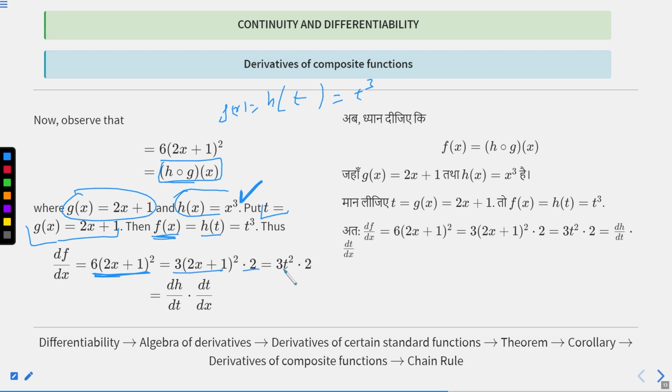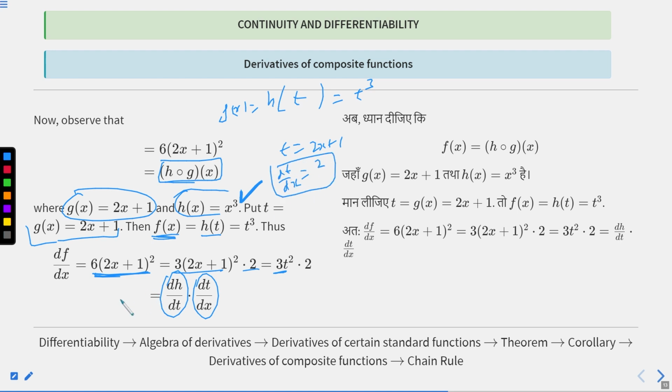This is the same as 3t square multiplied with 2, where 3t square is nothing but the derivative of h with respect to t, and this is the derivative of t with respect to x. As we already know, t is equal to 2x plus 1. If you differentiate it, dt over dx, you will get just 2.